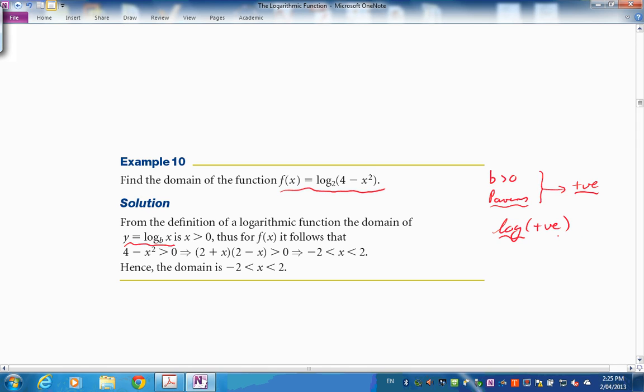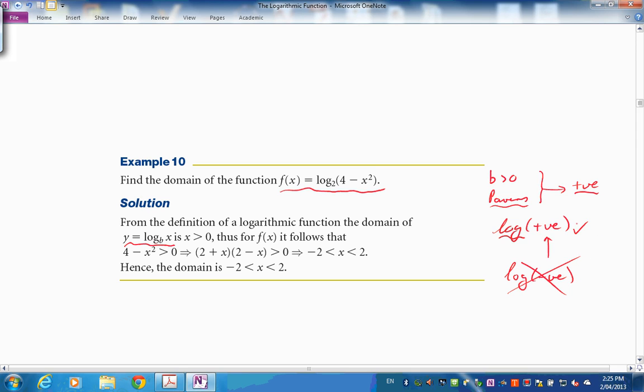If you're asking what power you raise the base to in order to get a positive, that's okay, but you cannot find the log of a negative, because a positive base raised to any power will be positive.